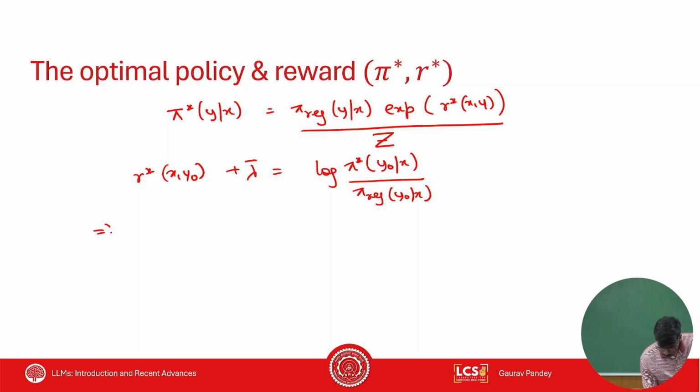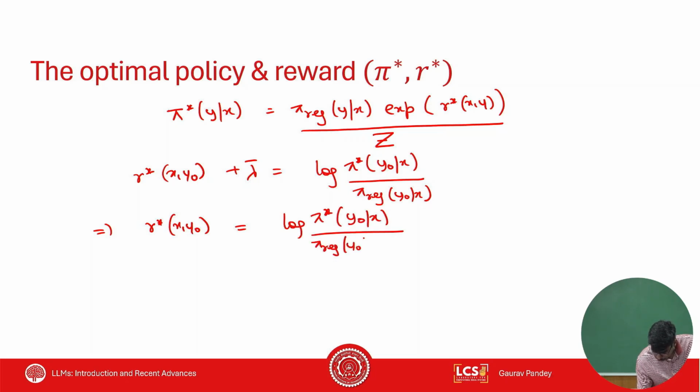In other words, r star of x, y naught is equal to this minus lambda bar, and lambda bar is the log of the normalization constant. The way we defined our Z, lambda bar is simply the log of the normalization constant.